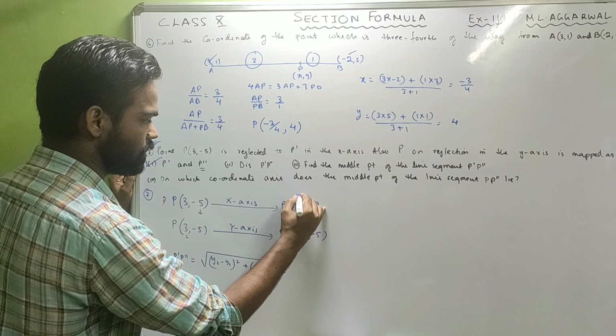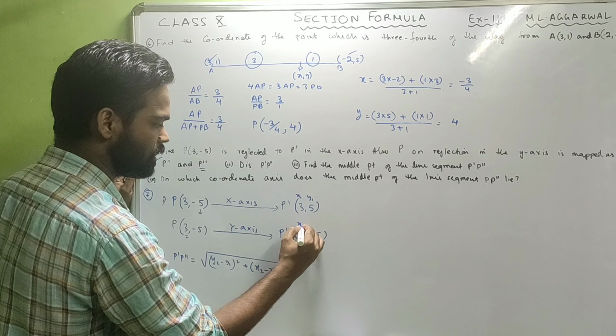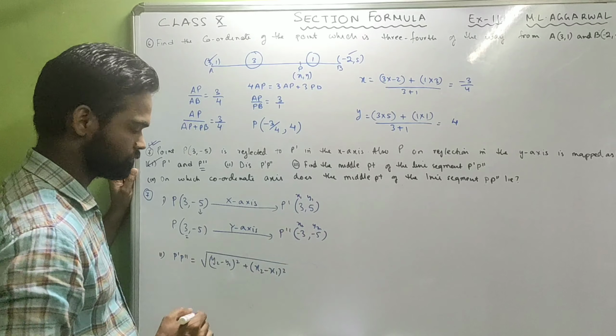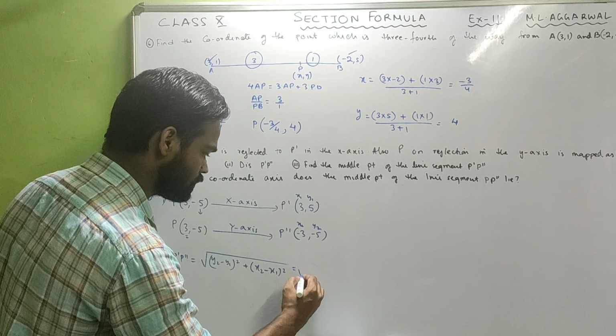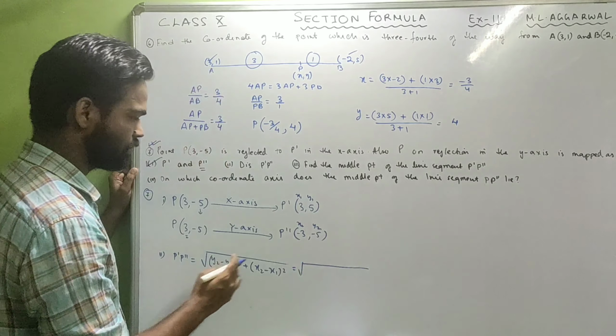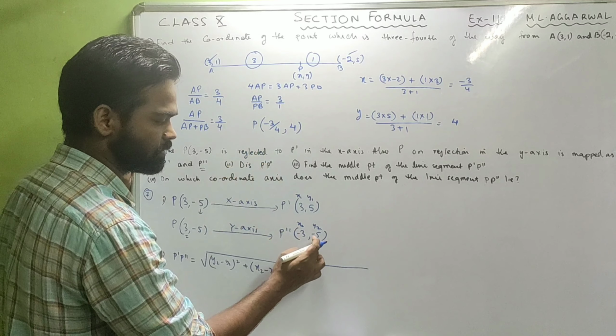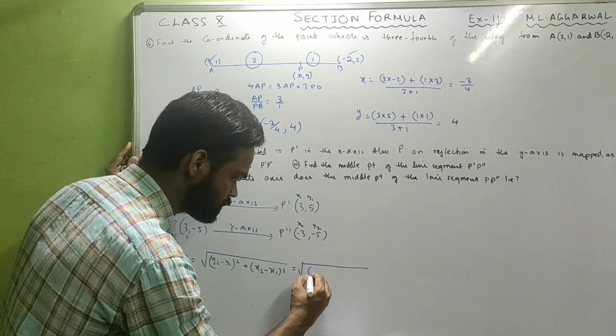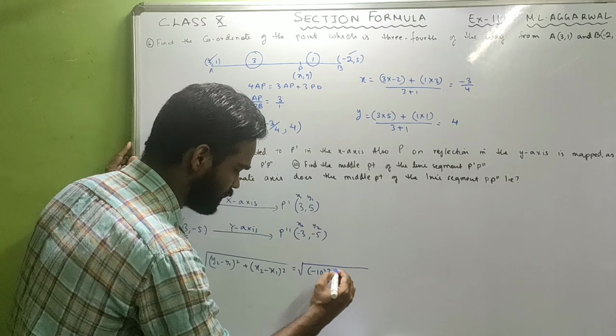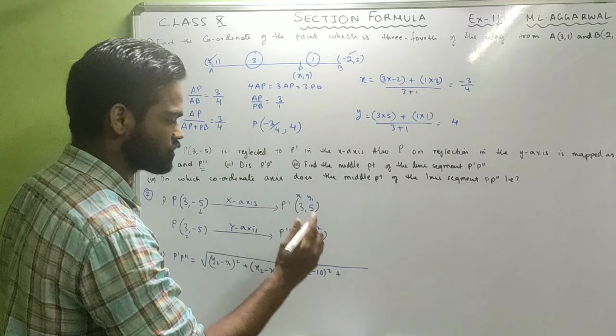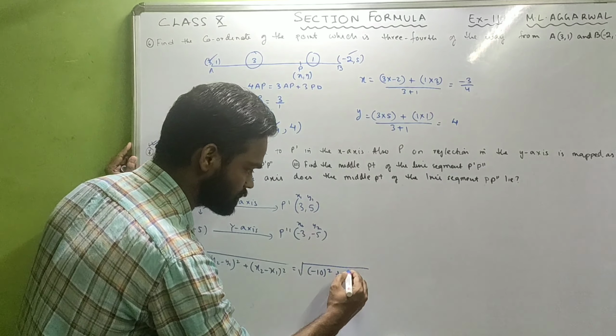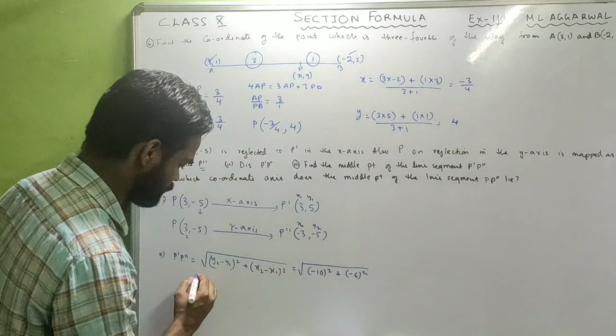Suppose this is your x1, y1 and this is your x2, y2. So this is equal to root of, look carefully, y2 minus y1, which means minus 5 minus 5, which is minus 10 whole square, plus x2 minus x1, which means minus 3 minus 3, that's minus 6 whole square.